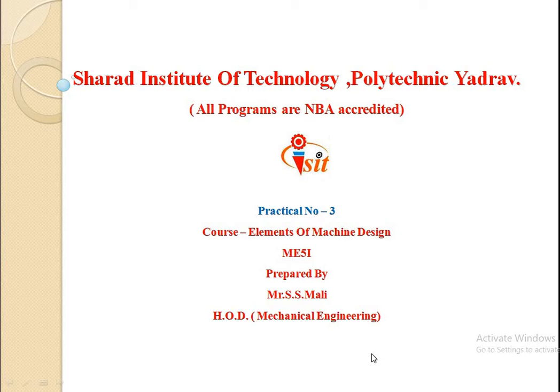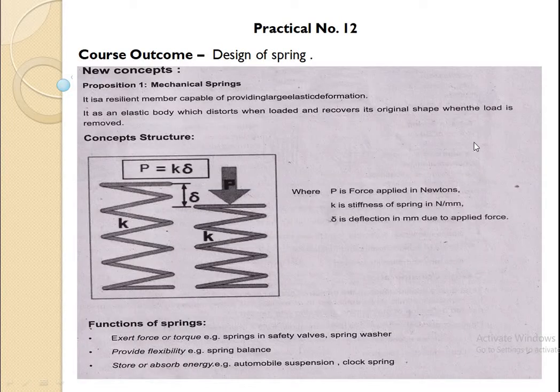So start with the practical number 3. The practical outcome of this practical is to design of springs. Means after completion of this practical, the student should be able to design a spring. This is actually practical number 12 in our index. So as continuation, I am saying that it is the practical number 3. So practical outcome is to design a particular spring.